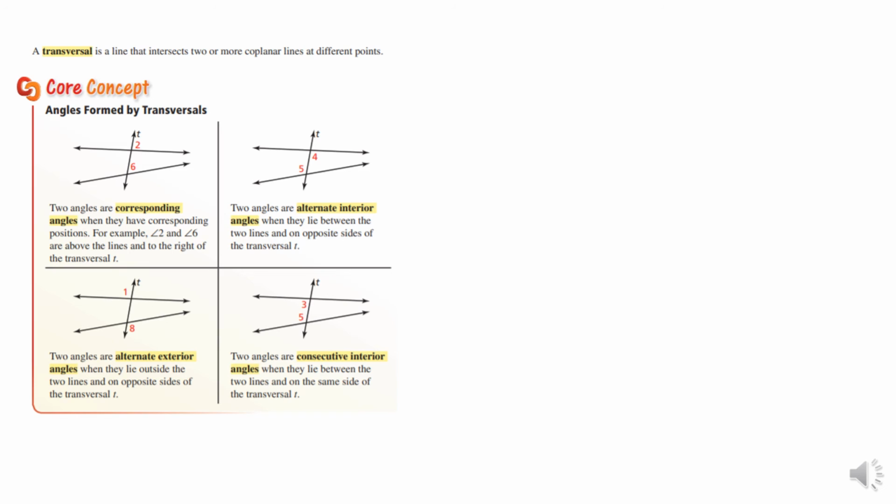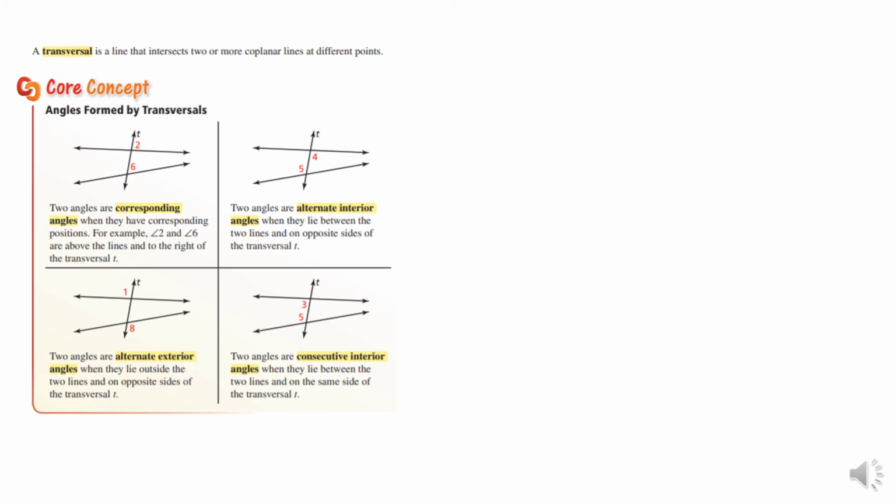Okay, so a transversal is a line that intersects two or more coplanar lines. The important thing I want you to notice about these concepts here is that they are not parallel lines. So we are not trying to establish any properties here. We are just trying to identify what the angles are called.